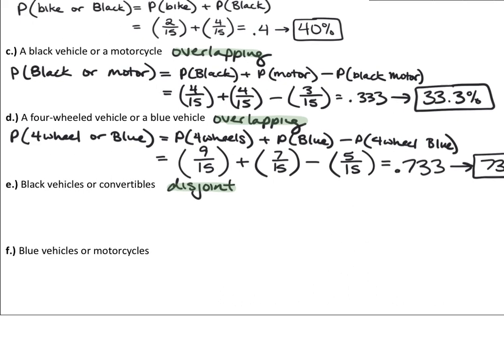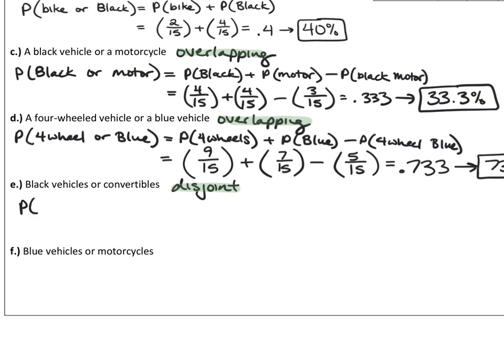So we are again finding the probability that it would be a black vehicle or a convertible. The probability that it is black plus the probability that it is a convertible. We don't, again, have to do any subtracting because they are disjoint.